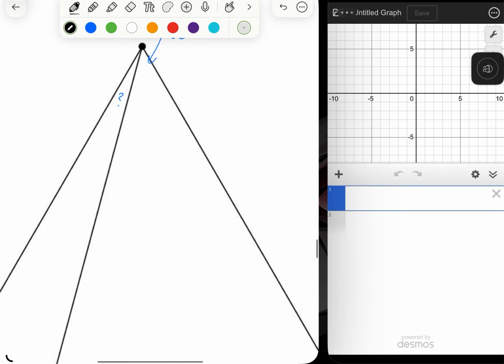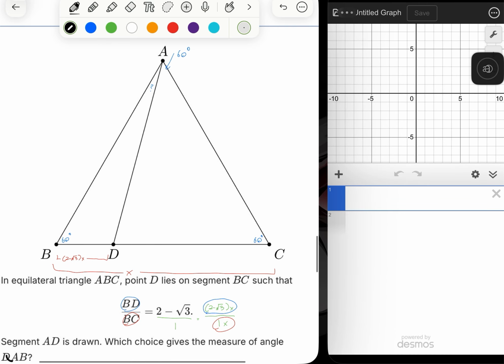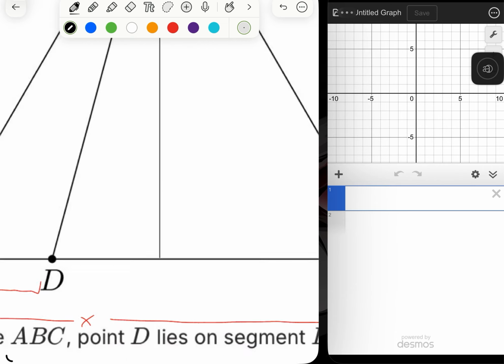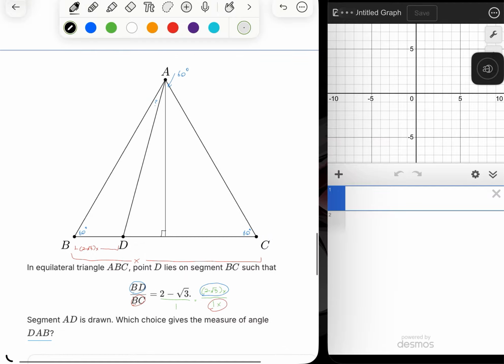Okay, but how do you actually go about finding this angle here? Well, what you can do is draw an altitude straight from A to the base of the triangle, BC. So this becomes a right angle here. You might be wondering, why are you doing that?